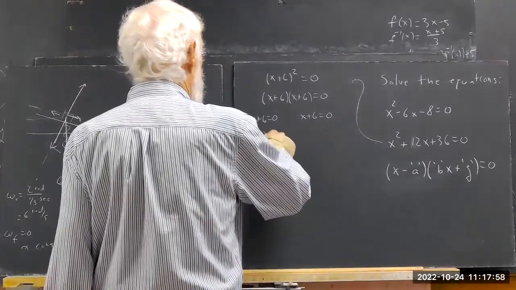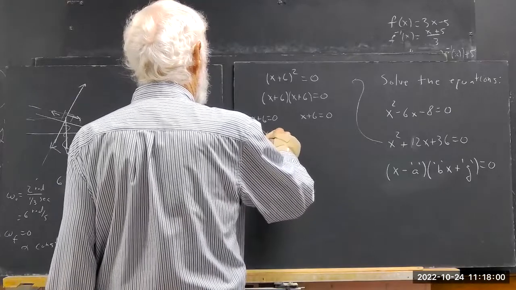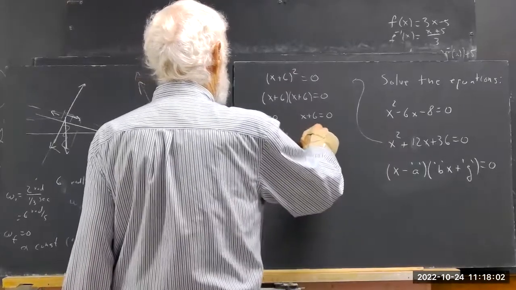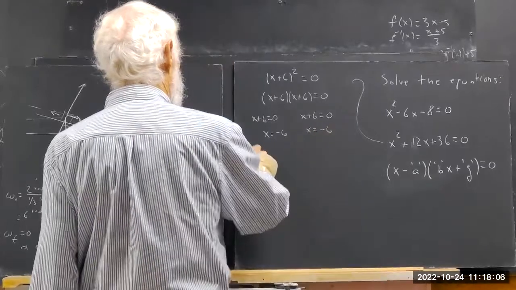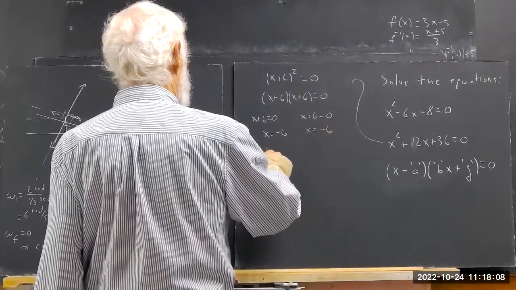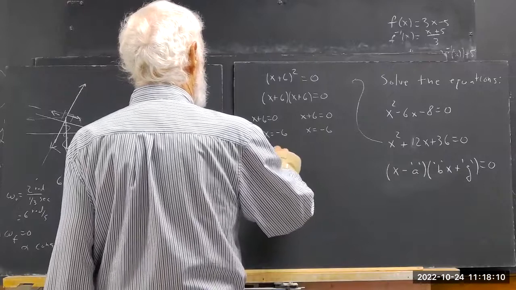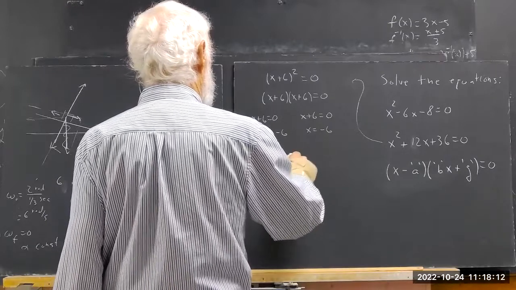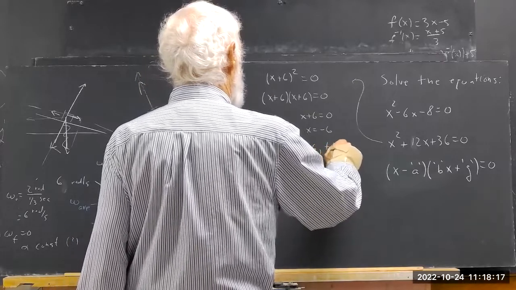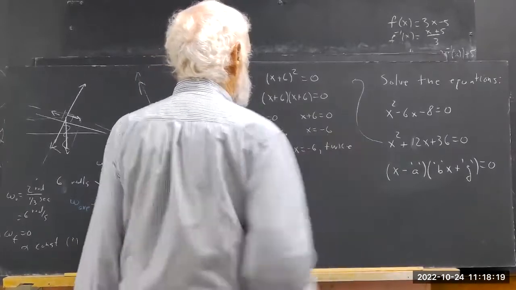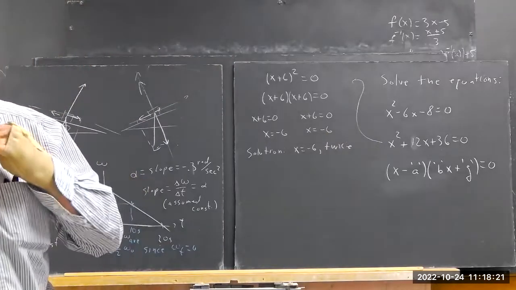Okay, so x equals negative 6, x equals negative 6. X equals negative 6 twice.